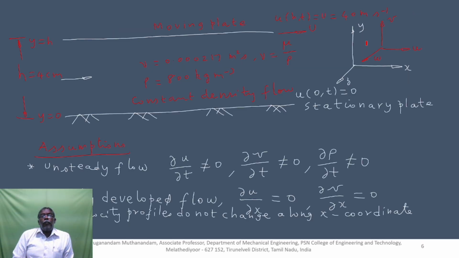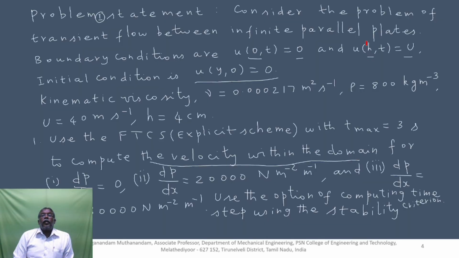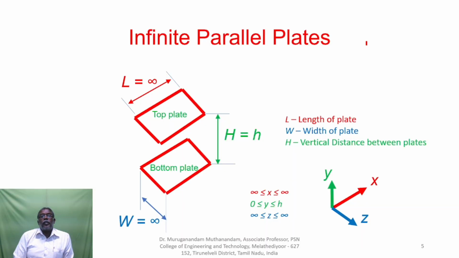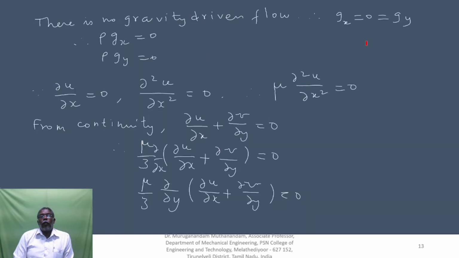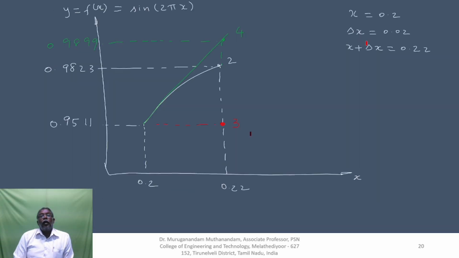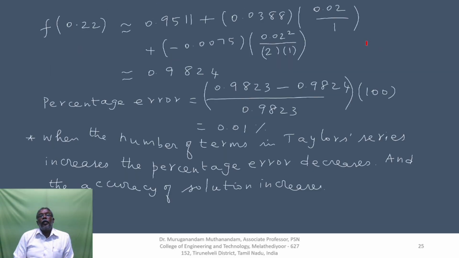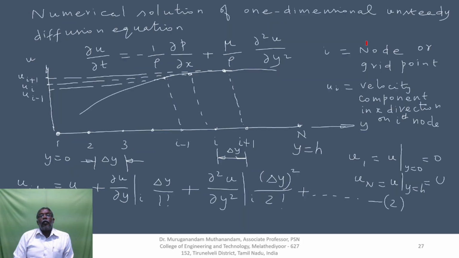It is a one-dimensional problem. It is an unsteady problem. For this unsteady, one-dimensional problem, we are going to arrive at the discretization of the reduced form of the governing equation. That is the numerical solution of a one-dimensional unsteady diffusion equation.